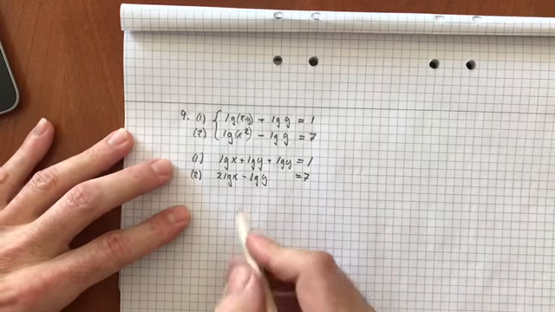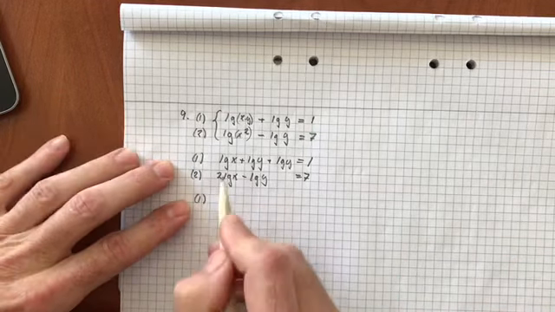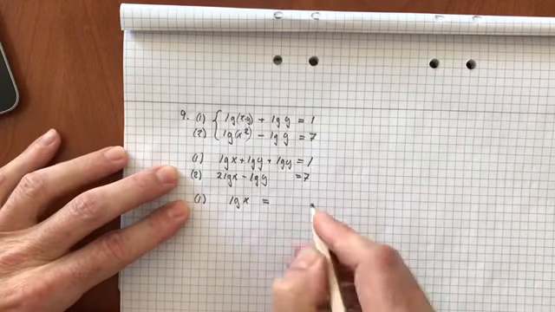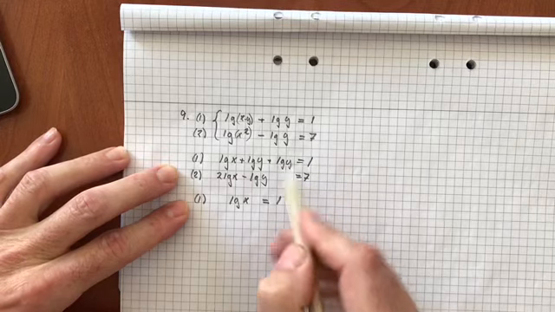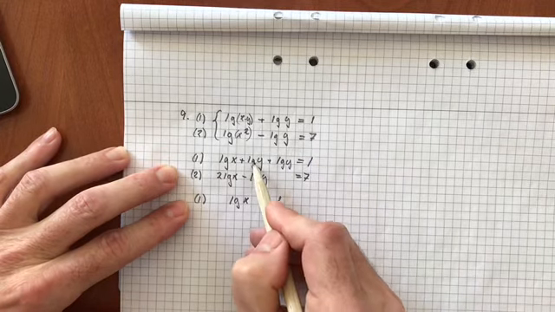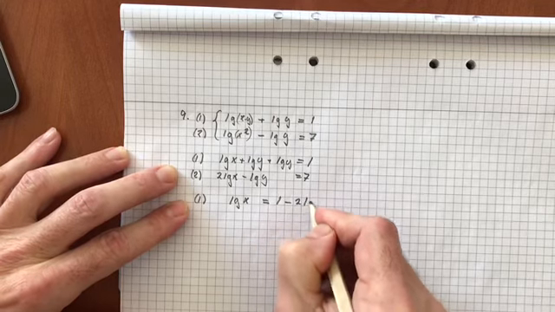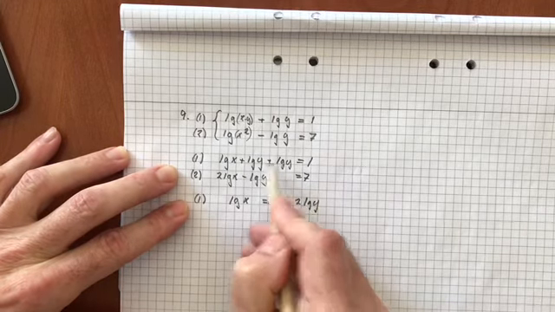Okay, now if we look at the first equation, we see that the logarithm for x is equal to 1 minus logarithm for y and minus logarithm for y. But that is minus 2 logarithms for y, because there are 2 of them.